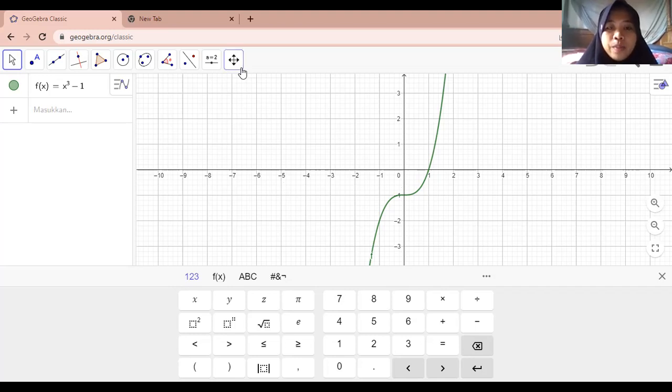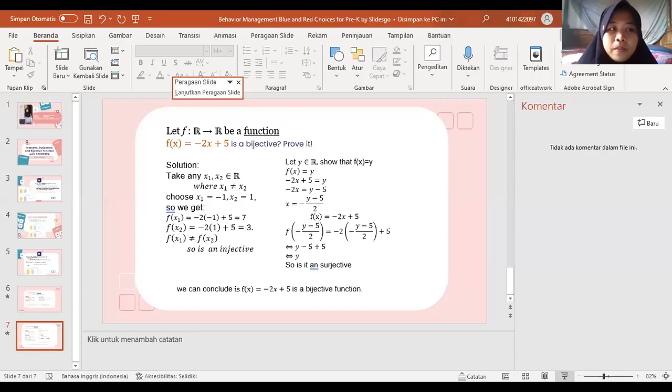And then we will prove it by definition of injective function.